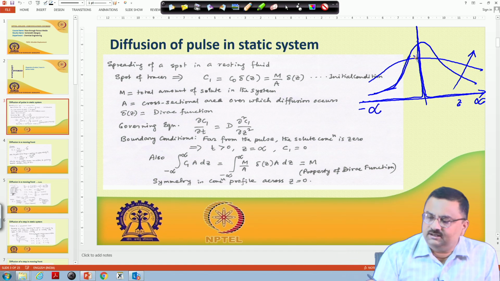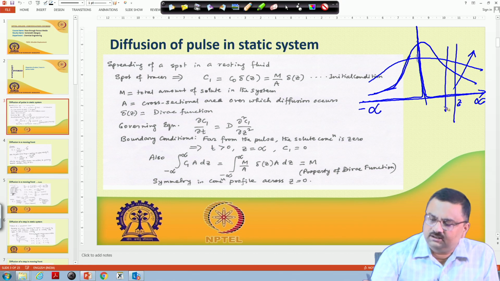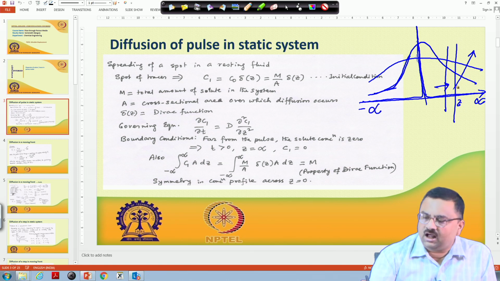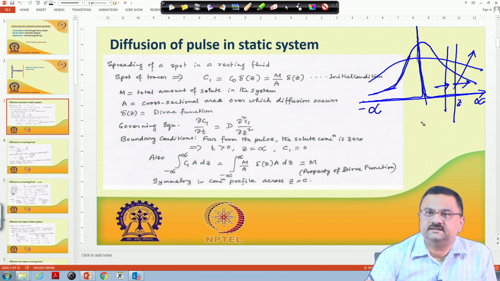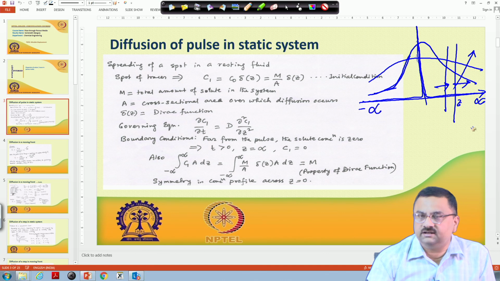So what we did is we took a differential element at z and saw how much flux is going in from the left face and how much from the right face. We are working only with the right half, treating this as a symmetric half, so only from z equal to 0 to z equal to infinity.